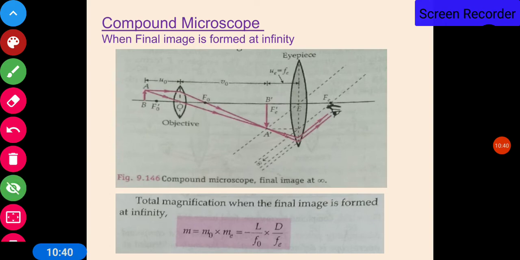Here the image formed by the objective will form at the focus of the eyepiece, and when the object is at focus, then the image forms at infinity. So the image of A dash B dash by the eyepiece will be formed at infinity, and so the rays will be parallel to each other. And in that case the total magnification M is equal to MO into ME, which reduces to minus L upon F naught into D upon FE.